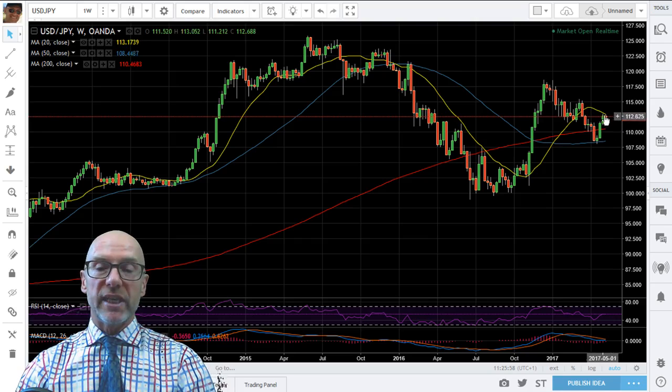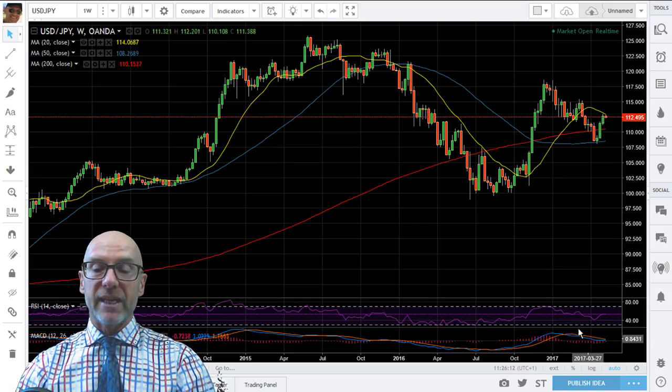And you can see that that level, 112.93, is proving very hard to break through. Here we have the 200 days positive, and also the 50-week moving average is also positive. The RSI is still in its downtrend, although nearly out, and it's just gone above 50. The MACD are still tracking downwards.